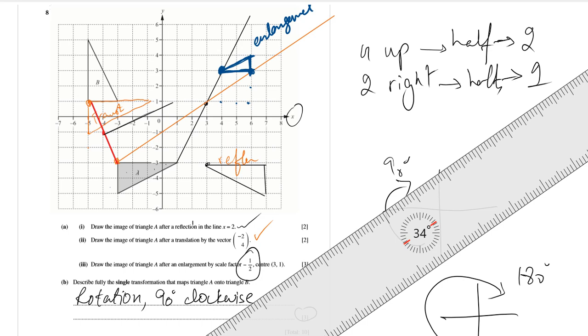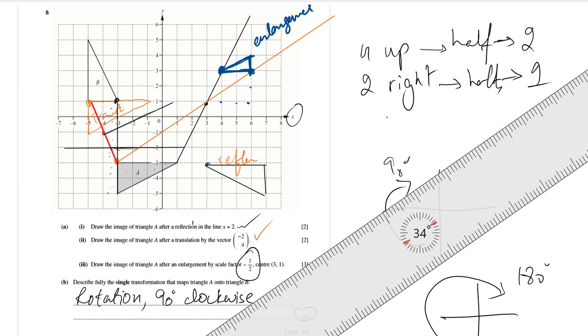So if I join this corner with this corner, this would be easy. 1, 2, 3, 4, 5, 6. So 1, 2, 3 is the center, and definitely it's, oh, I was wrong about the center.